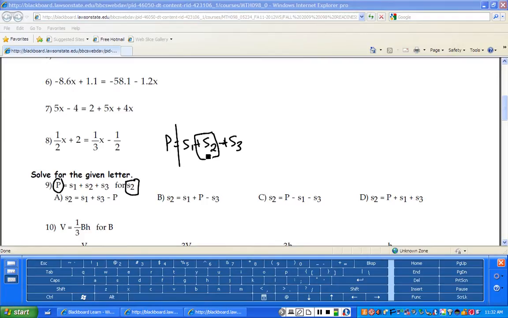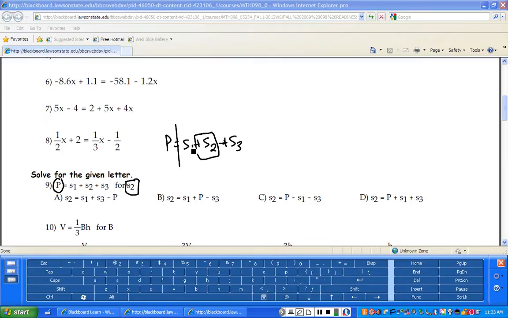So if I want to get this S2 by itself, then I've got to get rid of this S1, and I have to get rid of this S3. Now because S1 and S3 are detached from S2, because there's a sign in between what we want and what we're trying to move, then we use addition or subtraction.